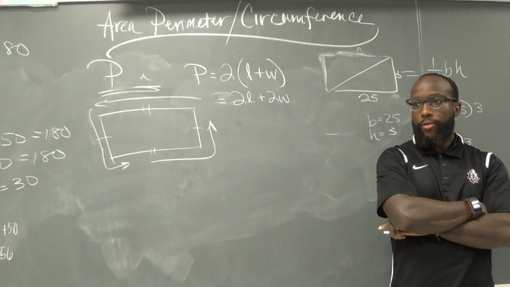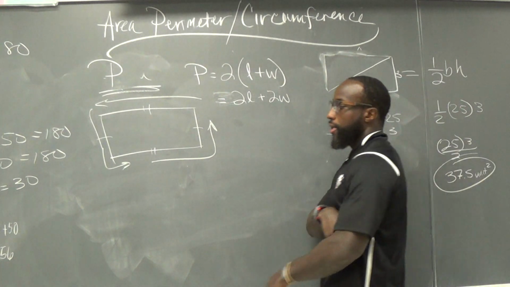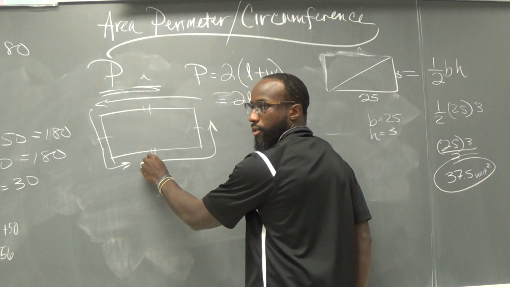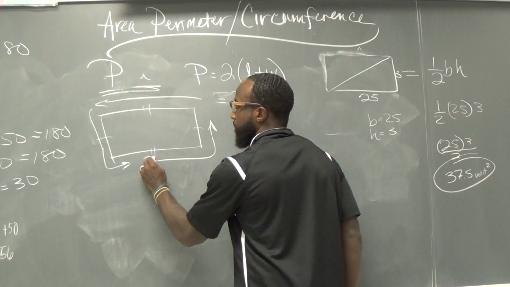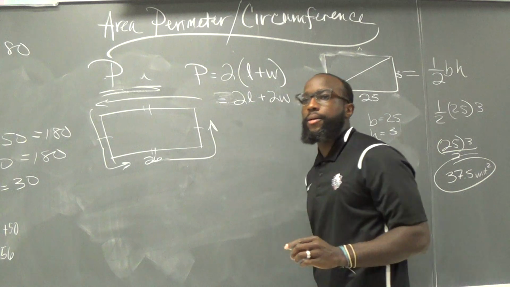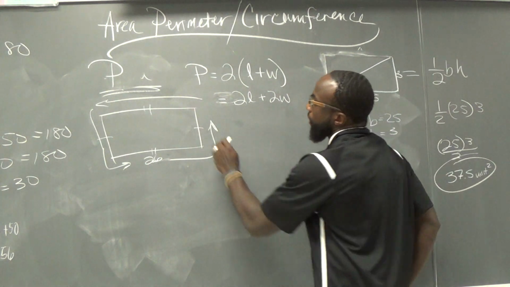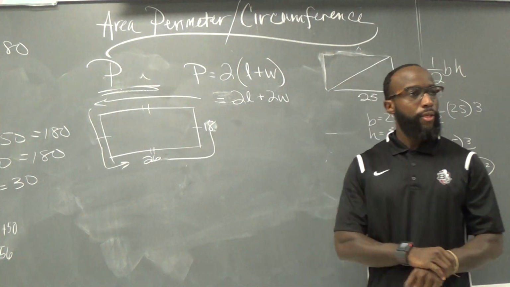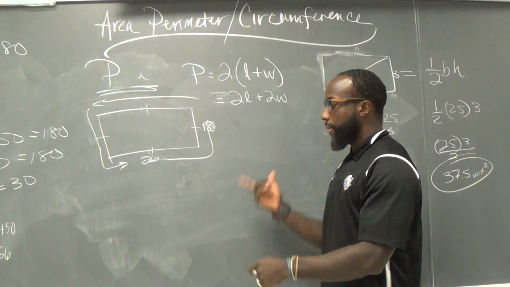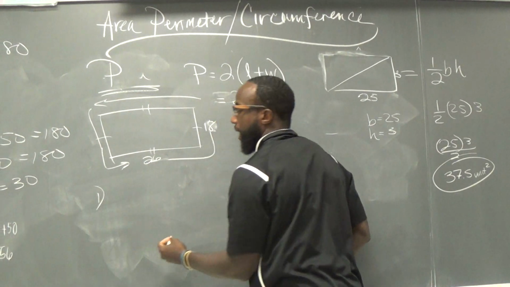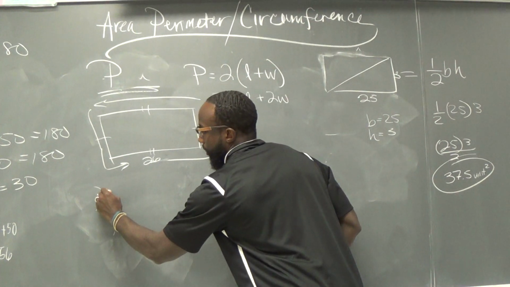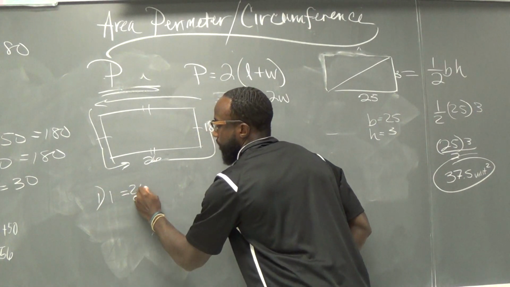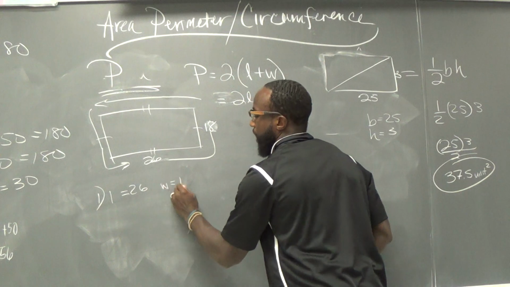All right, let's work one out. AJ, what's your birthday number? 26. 26. And 18. All right. So remember, like number one, what do we have? We're given the length equals 26 and the width equals 18.